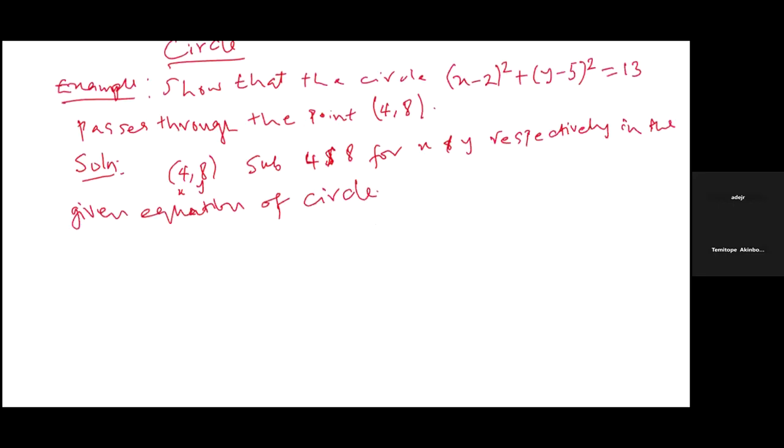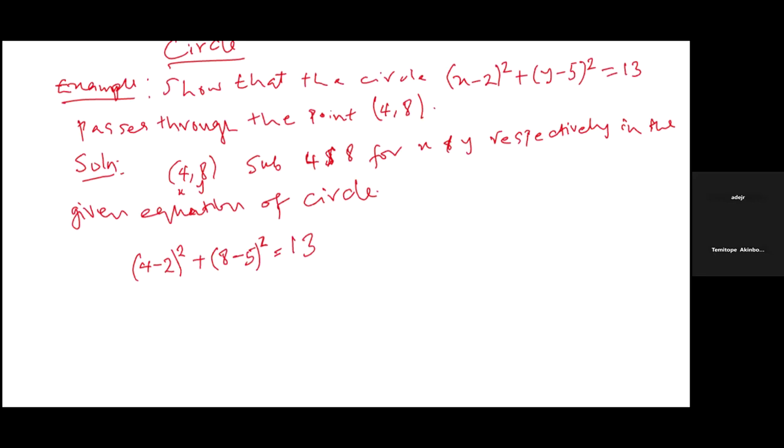So I will now substitute them. x will be 4, so (4 − 2)² + (y, which is 8, − 5)² = 13. Now, if this circle passes through this point (4, 8), the left-hand side must also give me 13. That's the implication.